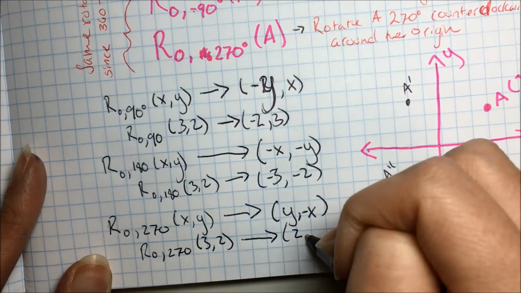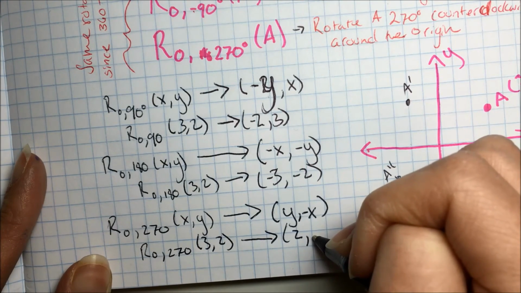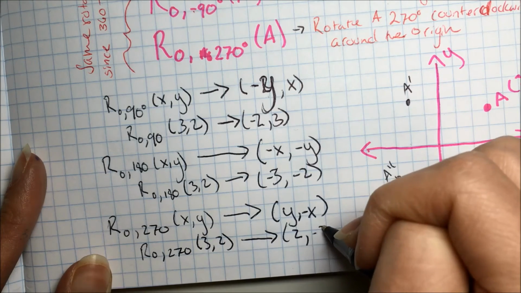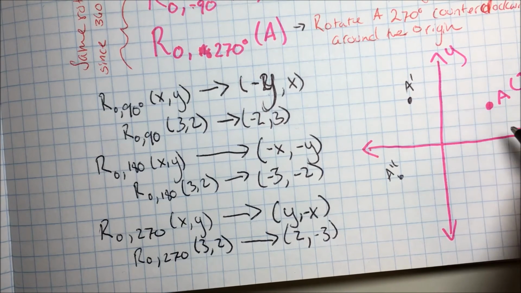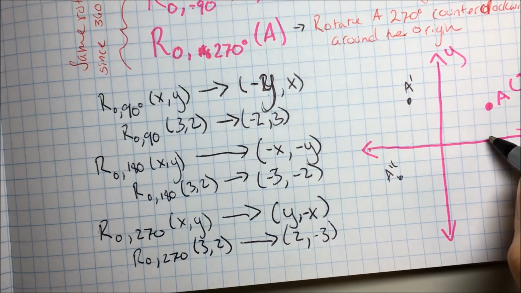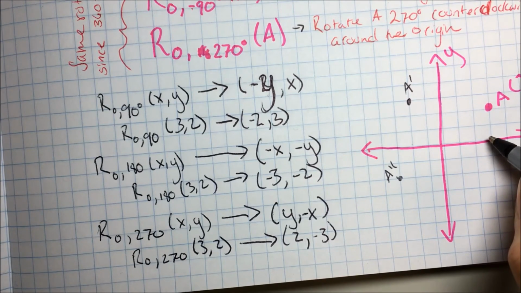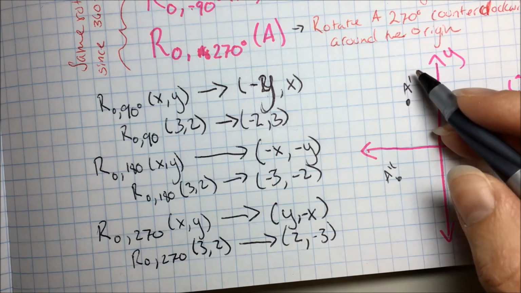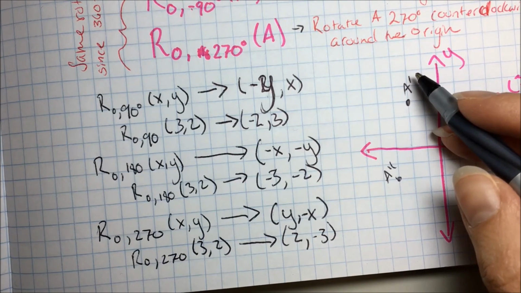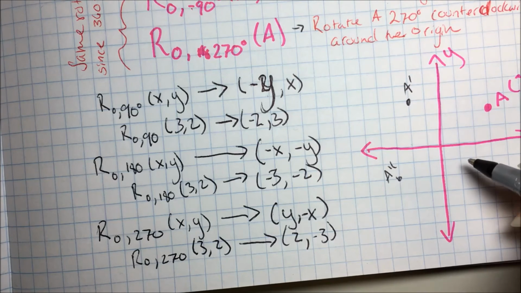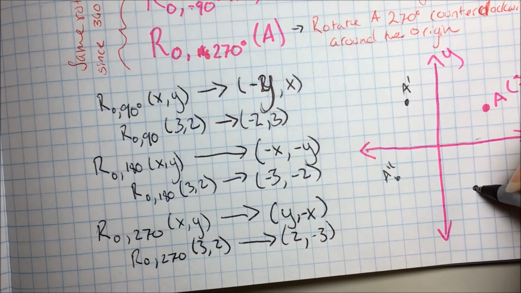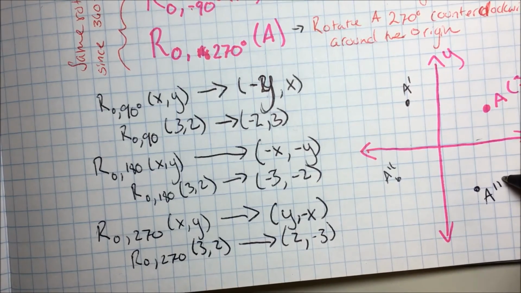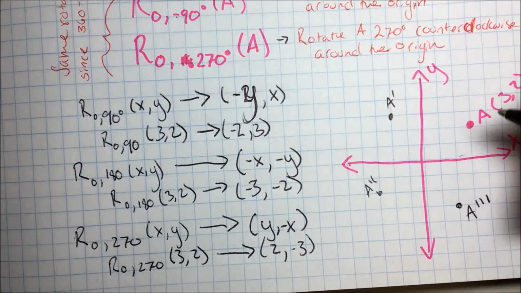Well, that would be 2, negative 3. That would be A prime prime prime, because that's the third time we rotated it.